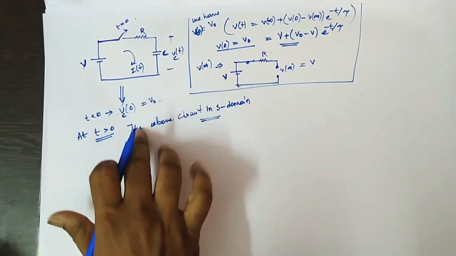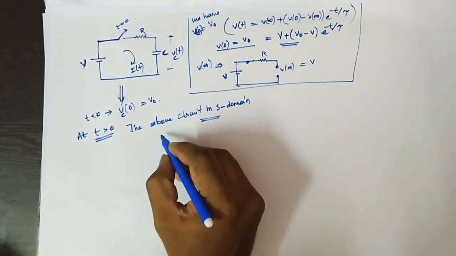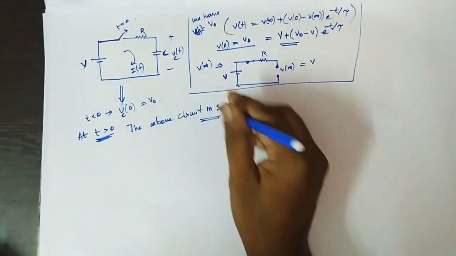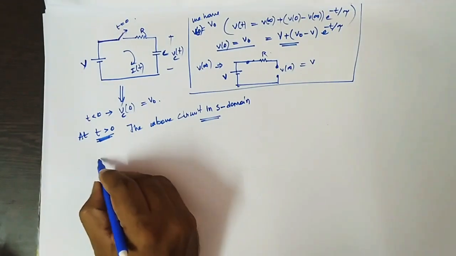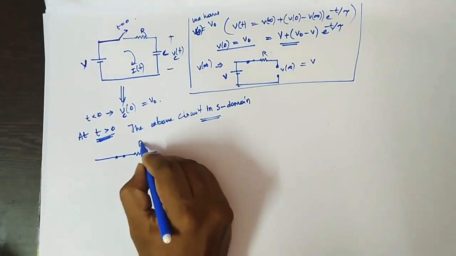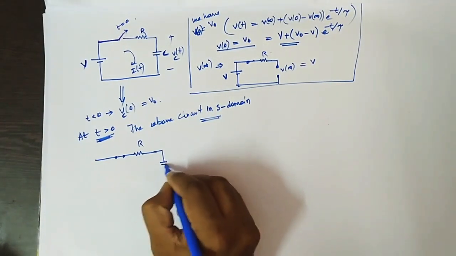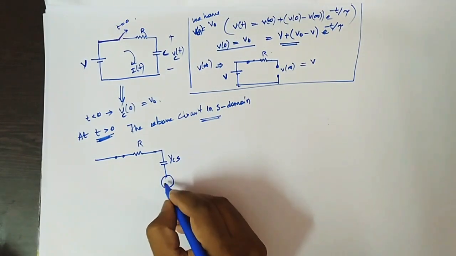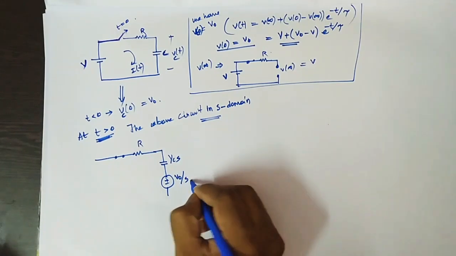So in S domain, how to do it? In the above circuit at t greater than 0, the switch is on. The above circuit in Laplace domain: it is R value, and the capacitor will be represented by 1 by Cs with internal source V naught by s.